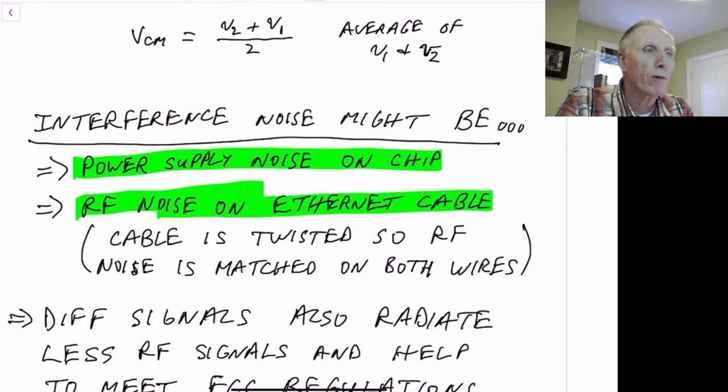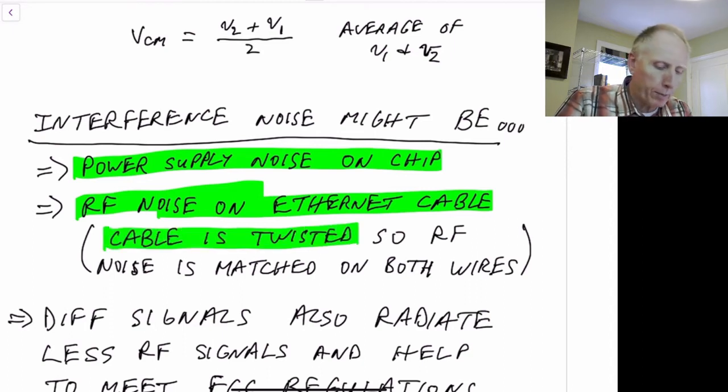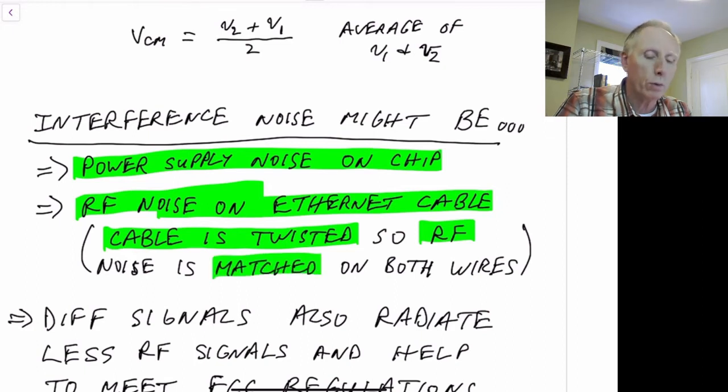So what they do for this is they twist the wires inside the cable so that the RF noise becomes matched on both wires. That helps to make the RF noise a common mode noise, the same on both wires, and therefore it can be rejected at the far end.